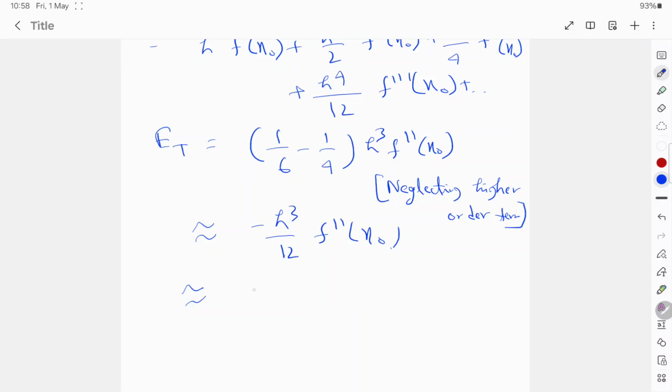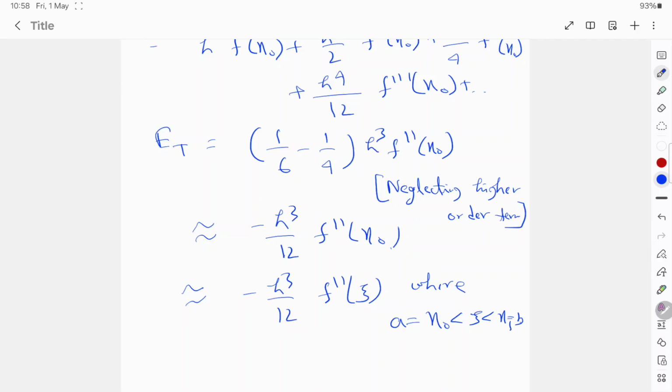Or you can write this as minus h cube by 12 f double dash of some xi, where xi lies between x0 and x1.